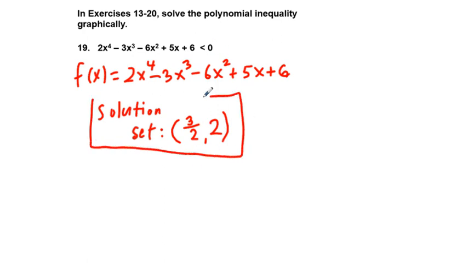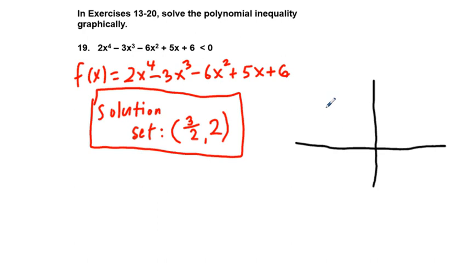And when we graphed this function, we saw the function touch down somewhere here to the left, bounce back up, come around, and right here between 3/2 and 2, the function went below the x-axis.